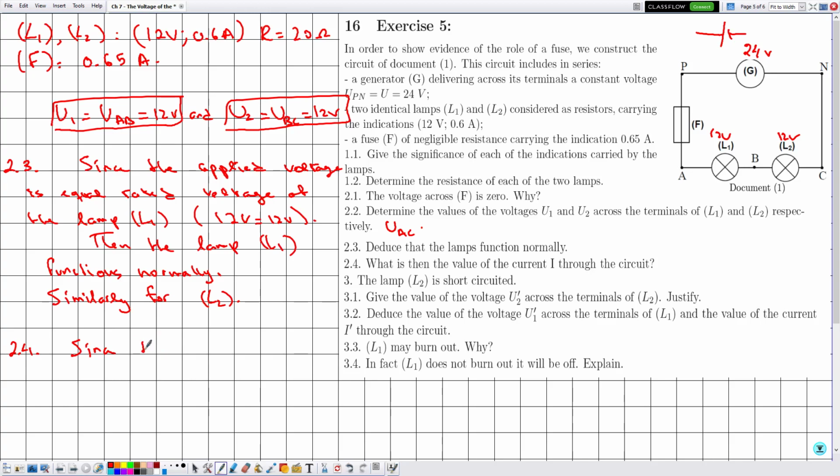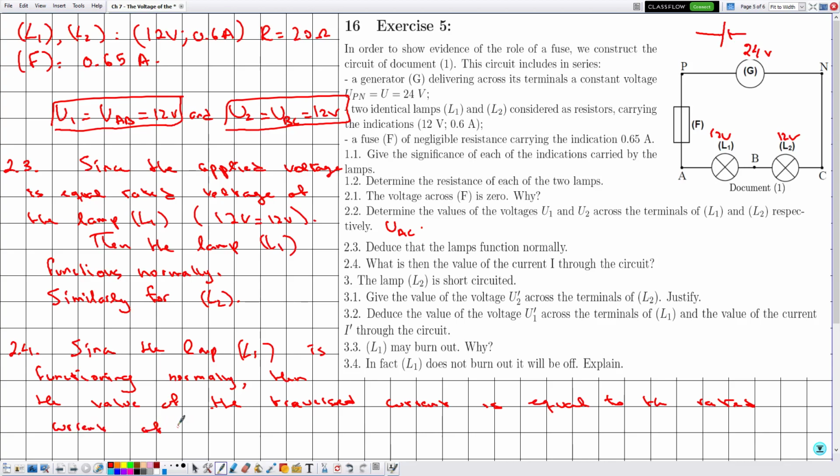So let me say since the lamp L1 is functioning normally, then the value of the traverse current is equal to the rated current of the lamp L1.